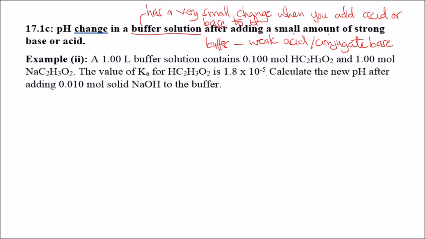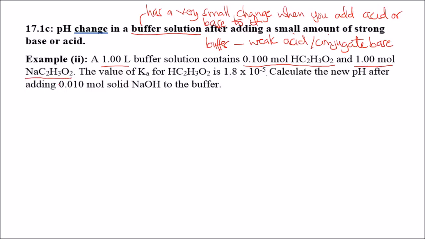Now let's look at how the buffer solution maintains the pH of a system, or only provides a very small change to the pH of a system. So we will use this example. A 1 liter buffer solution contains 0.100 mole of acetic acid and 1.00 mole of sodium acetate.